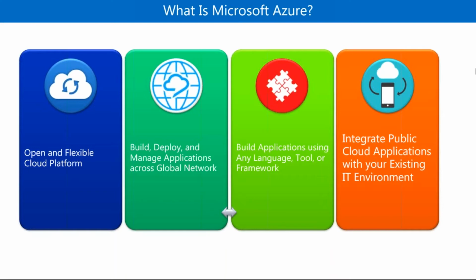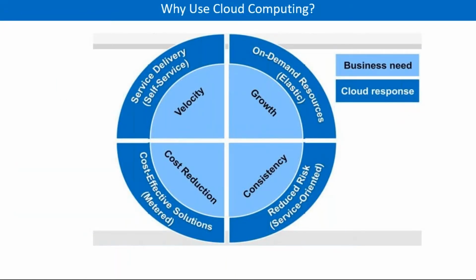And apart from that, we'll be discussing the module in this Azure computing, which is self-service delivery. You don't have to wait for any of the vendors to provide you the service delivery, because if you have on-premises, you have a lot of vendors to deliver all of those services, right?